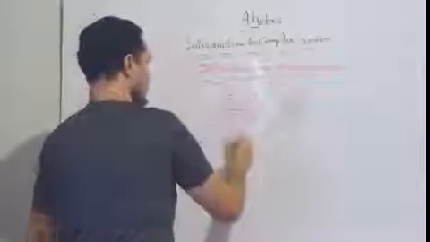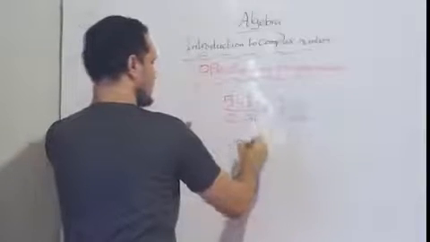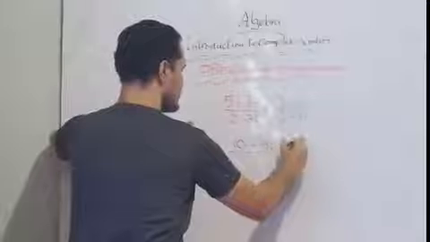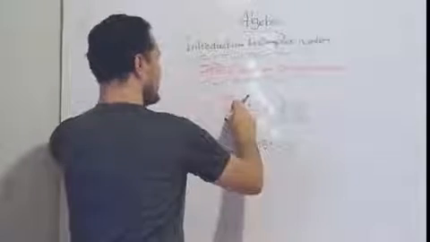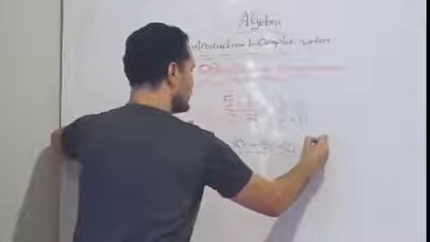Okay, let's make the multiplication operation. 5 times 2 equals 10. 5 times 3i equals 15i. Negative i times 2, it's negative 2i. Negative i times 3i, it's negative 3i power 2.